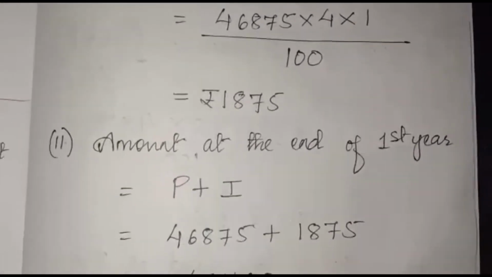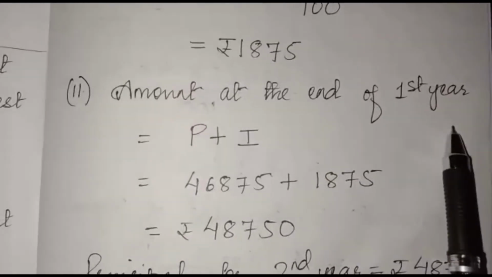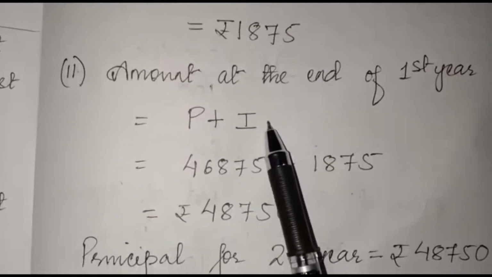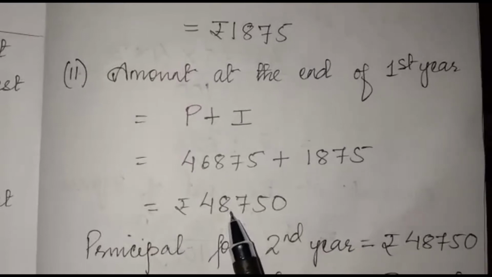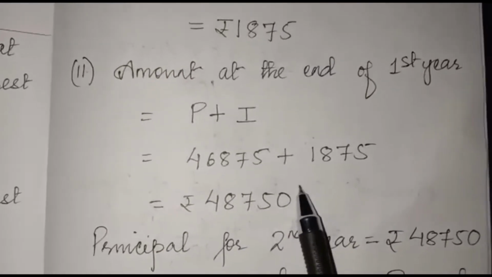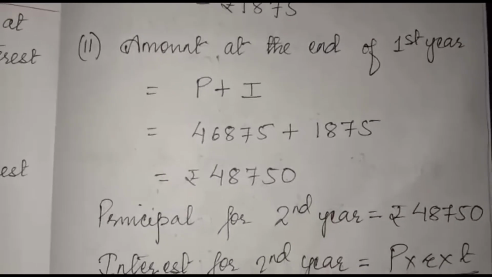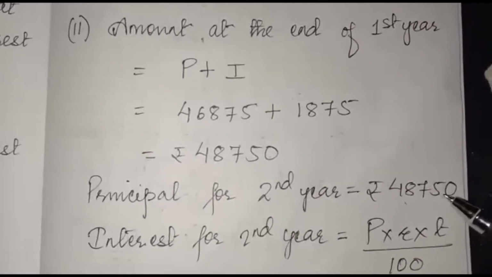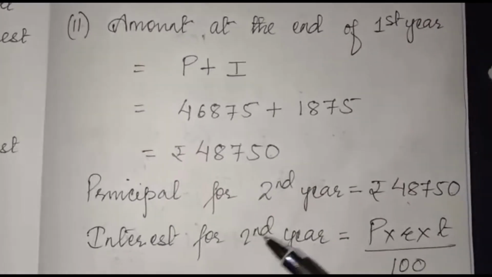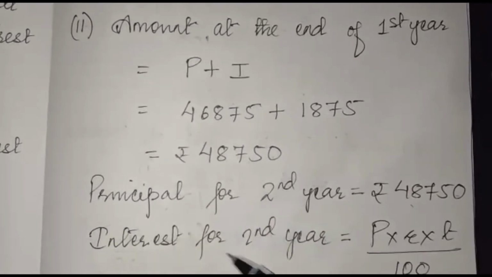Now we will find what will be the amount at the end of first year. Amount is principal plus interest, which is 48,750. So this will be the principal for second year. We will find interest for second year. We have to find interest for only 1 year.